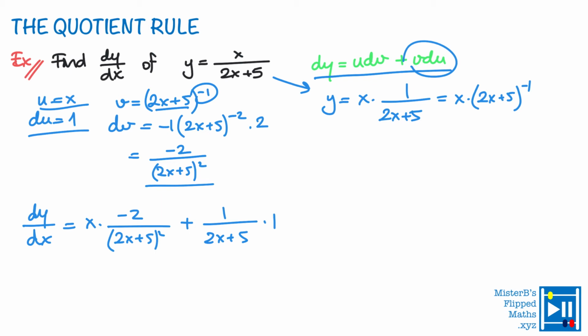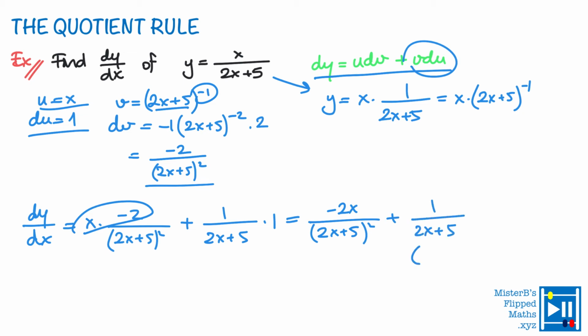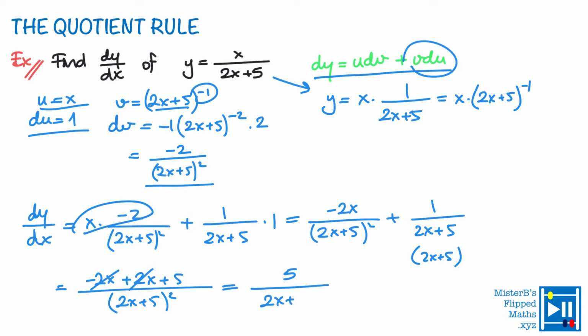Now let's play with this a little bit. This is minus 2x over 2x plus 5 squared, plus 1 over 2x plus 5. If you equate the denominators, you get minus 2x plus 2x plus 5 over 2x plus 5 squared, and you can see that these simplify each other out. So 5 over 2x plus 5 squared, as we found by using the quotient rule.